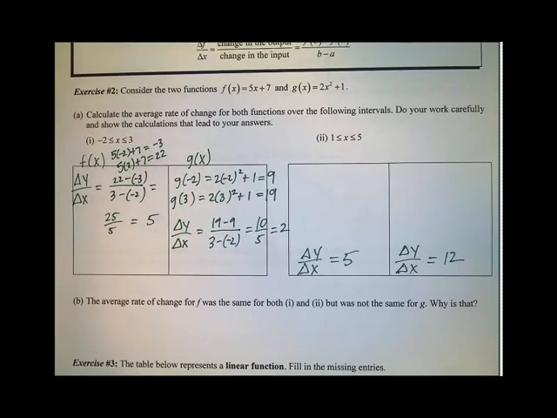So, the average rate of change for f was the same for both I and double I, but not the same for g. Why is that?